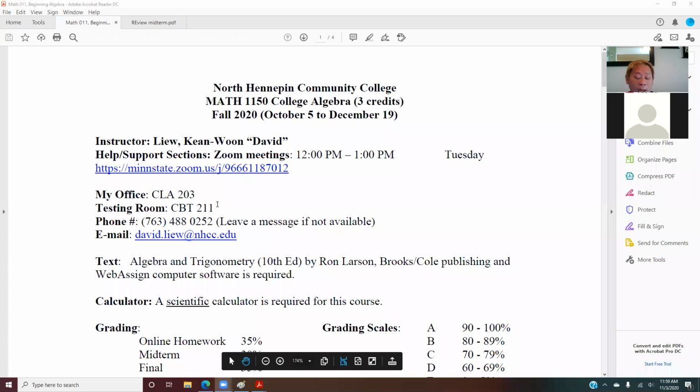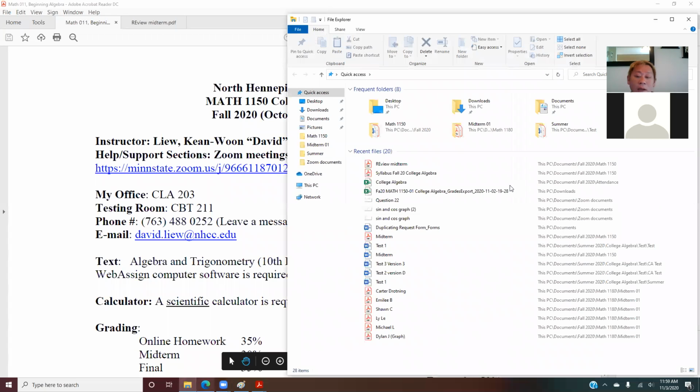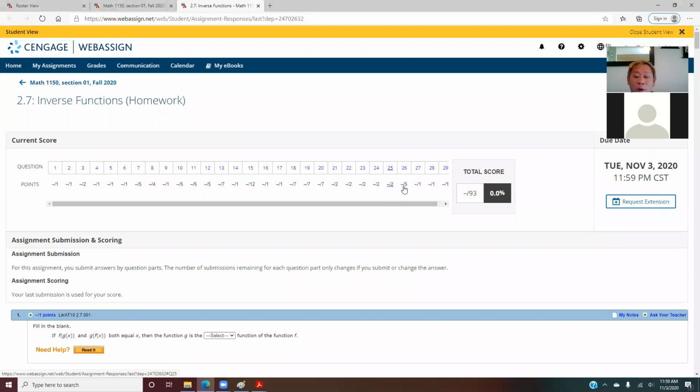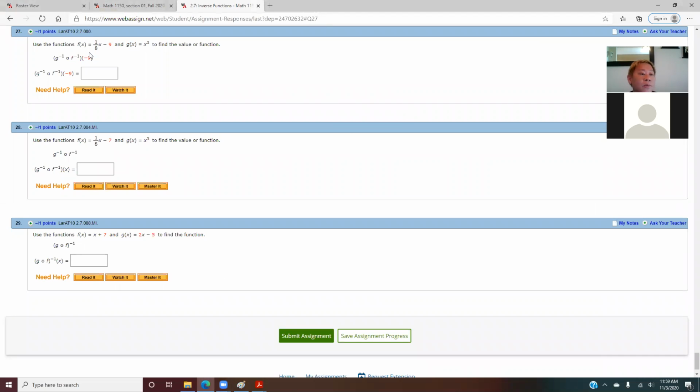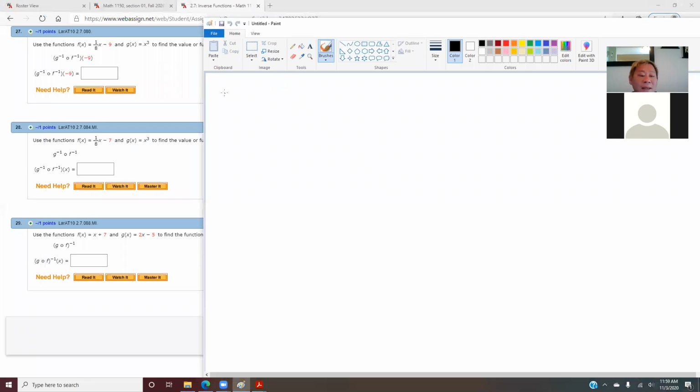Please, again, I will point out to you where. I'm going to go to 2.7, question 27. This one. Good. All right. So this is 2.7, question number 27. It's given to us that f of x is 1 over 8 x minus 9, and g of x is x cubed.